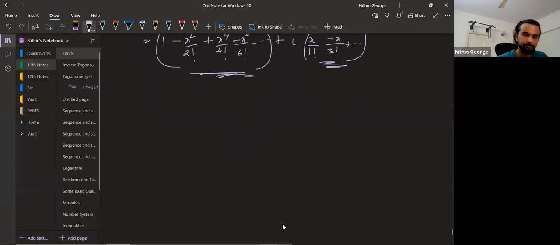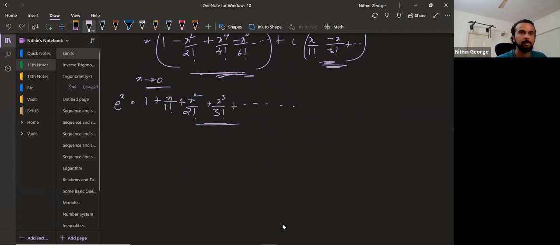Write some expansions, they're useful for you. As x tends to 0, this becomes true. e power x is this. e power minus x will be replacing x with minus x everywhere, as simple as that. So sin x and cos x you got to know. Now write for tan x.